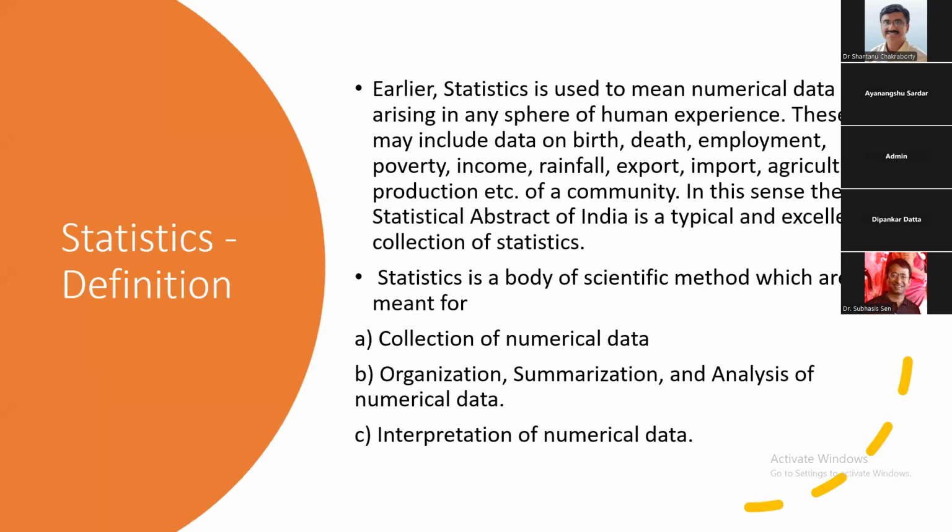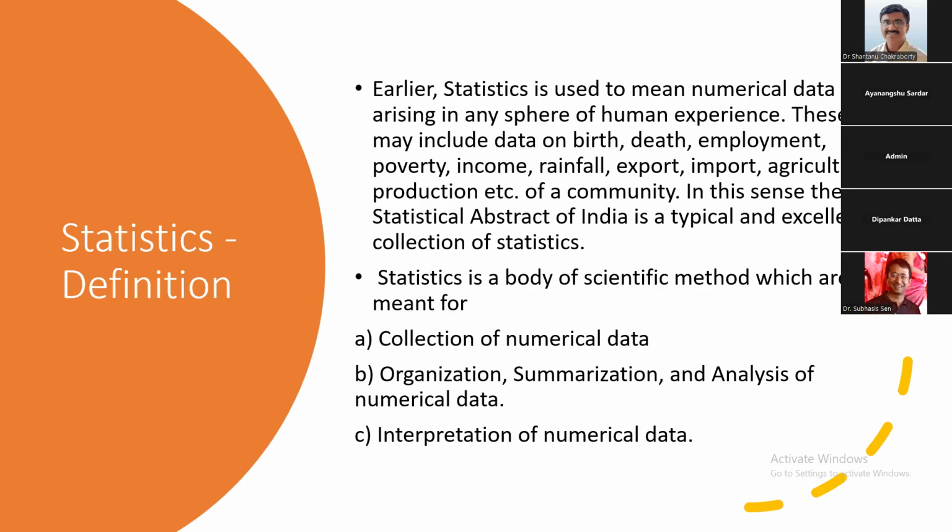Now we know the statistics definition. I'm not going into detail. It is basically the collection of numerical data, organization, summarization, and analysis of numerical data. And finally, we go for interpretation of numerical data.